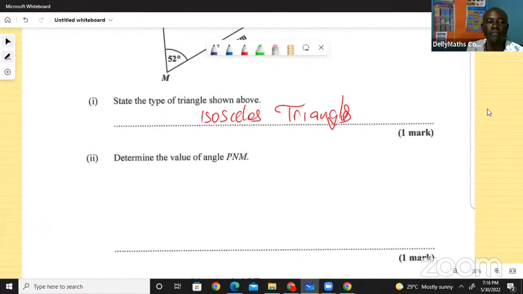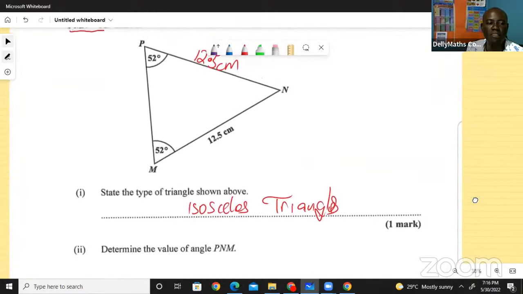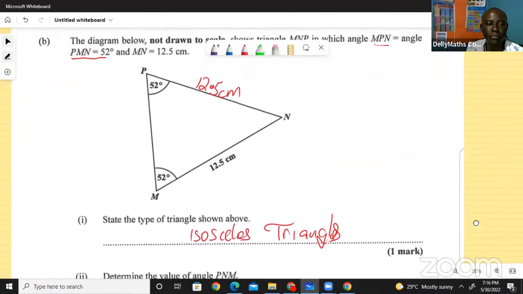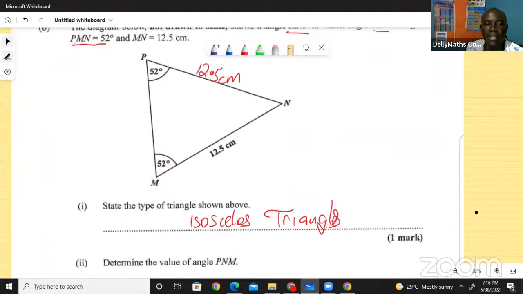Determine the value of PNM. So we're talking about this angle here, and let me mark it nicely. Definitely we could find this angle, because there are only 3 angles in a triangle, and we have 2 already.